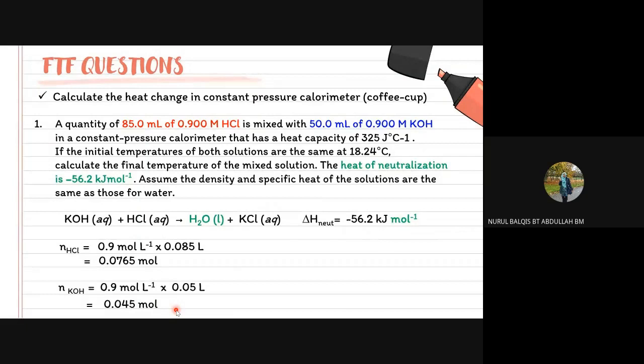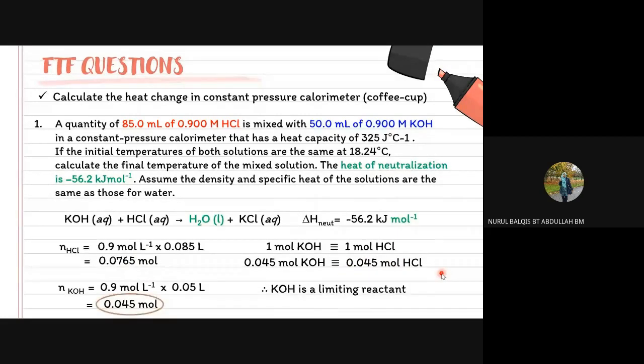No. Tak boleh. So you first need to do a bit of stoichiometry showing who's going to be the limiting reactant. Now we take this small value and then we compare. Then you could see this HCl ni is in excess lah sebab initially they got 0.0765 but then they are left with only 0.045 to be used. Okay, therefore we could say KOH is a limiting reactant.